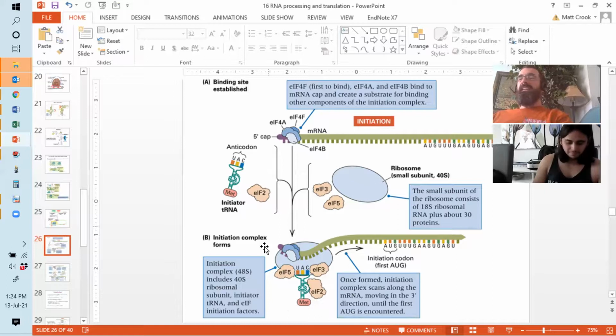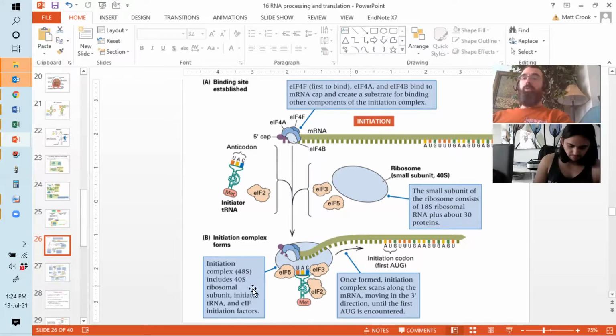And so what we get is what's called the initiation complex, right? It consists of the small subunit of the ribosome, the tRNA carrying methionine, that methionine amino acid, and a bunch of those initiation factors.